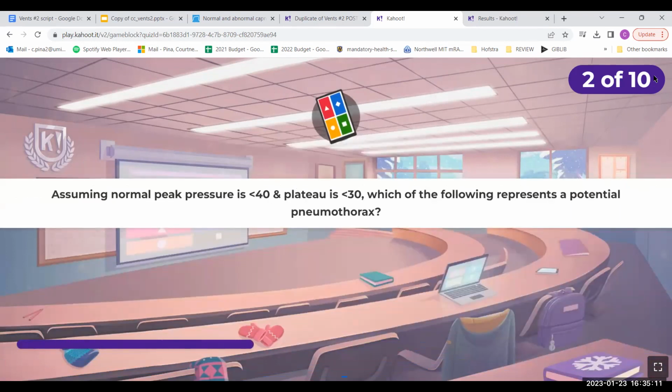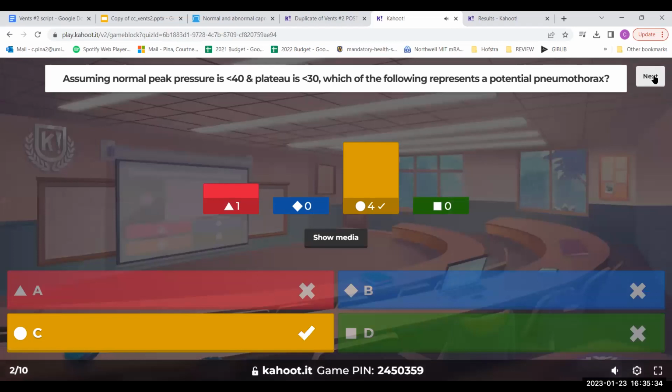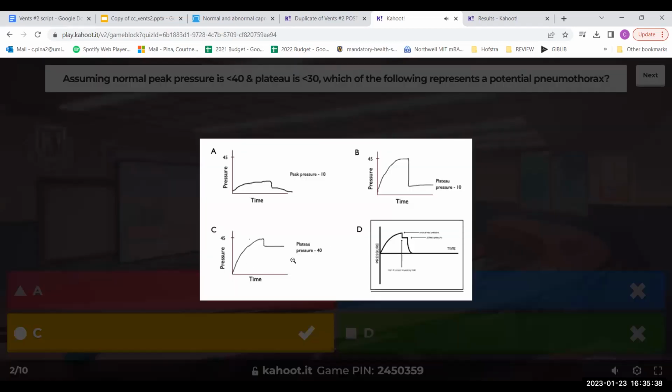Okay, now we got a potential pneumothorax. So remember, when we have that potential pneumothorax, that's high.